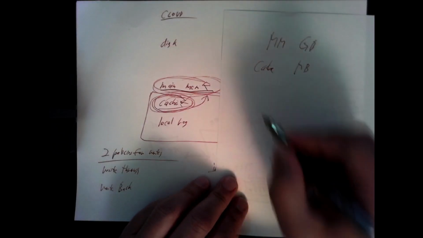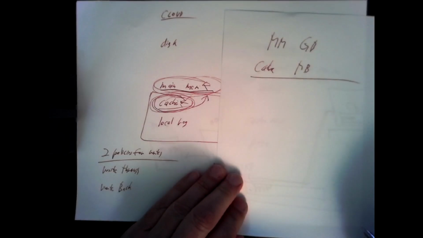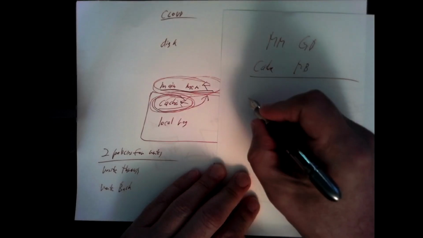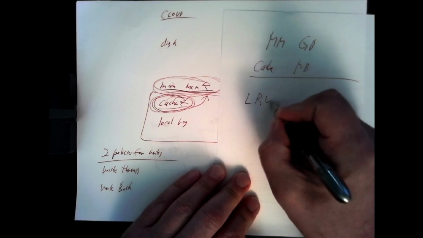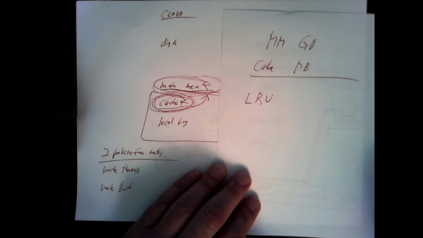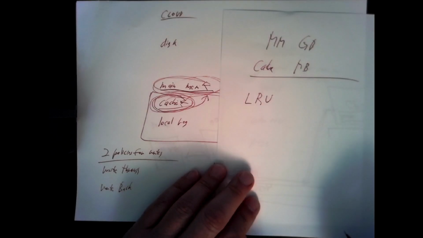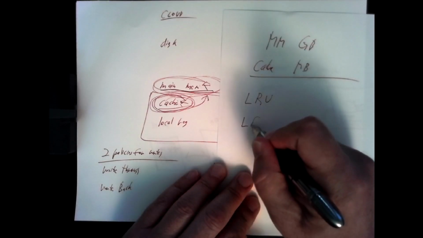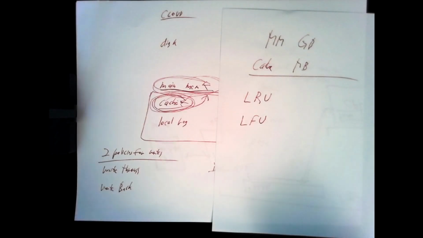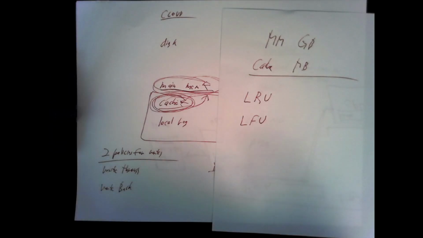And how do we decide what to get rid of in cache? Well, there's different policies for that. One policy is least recently used. So we keep track of the last time that we read something from our cache, and the one that we haven't used for the longest time, that's the one we throw out. Or we can do least frequently used. Keep track of how often we access a location.